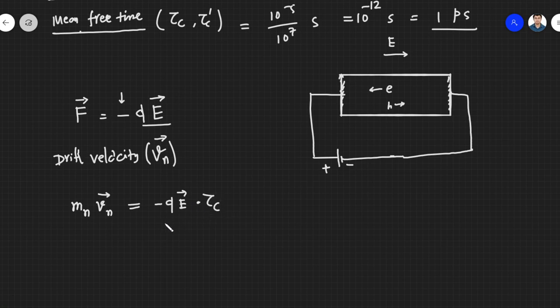How to understand this? On the left side we can see its momentum, and again we can write momentum on the right side. Momentum is force into time, right?